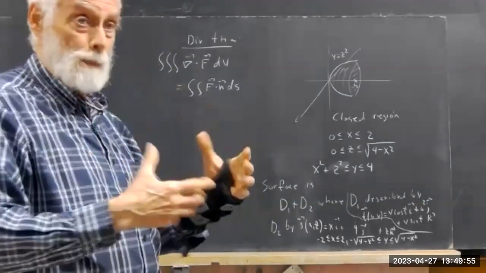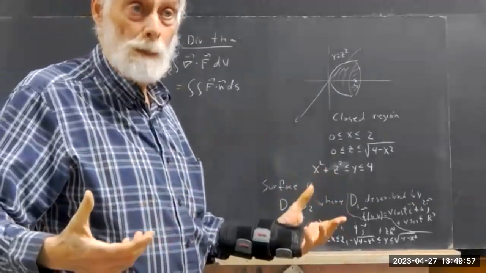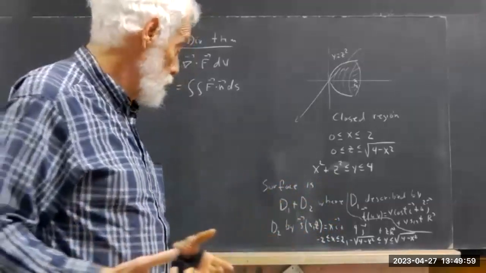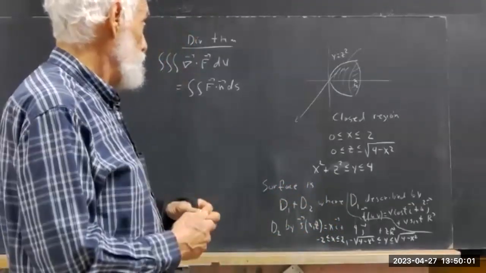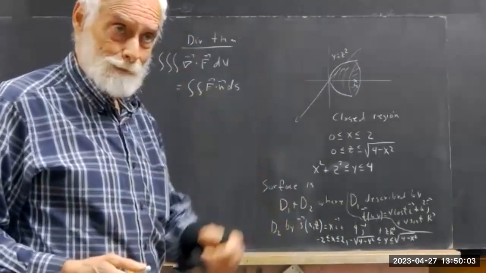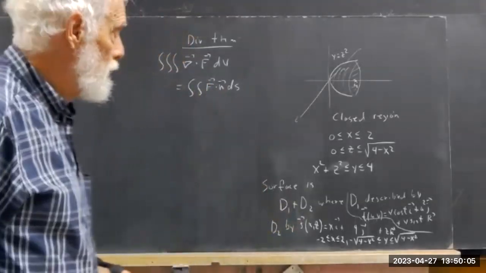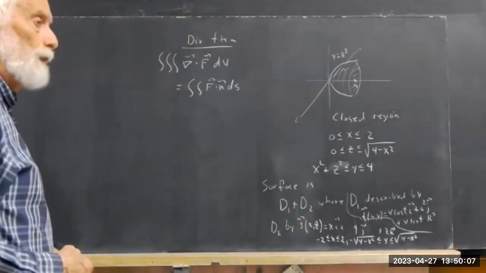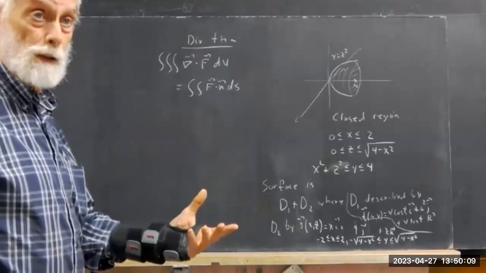That's a statement you should totally understand from earlier chapters. You might have to review a little bit. It doesn't mean you can't calculate it, but you really need to understand it if you're going to understand what this is telling you.